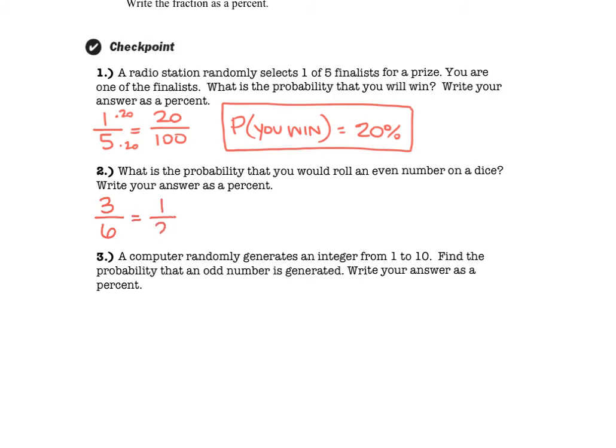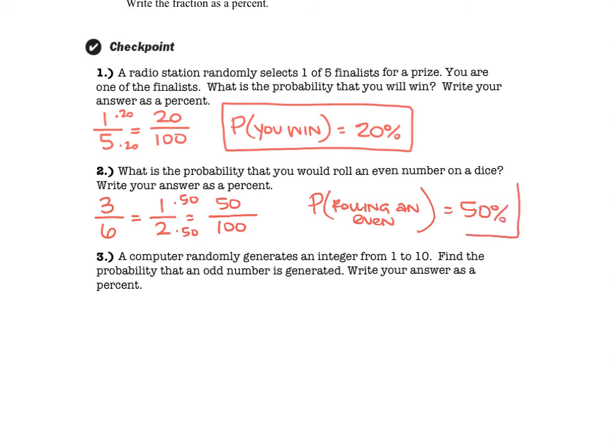We can just simplify this to 1 over 2, and then multiply the top and bottom by 50 to get 50 over 100. So the probability, remember capital P, of rolling an even number would be 50%. In other words, half the time you roll a dice, theoretically, you should roll an even number.